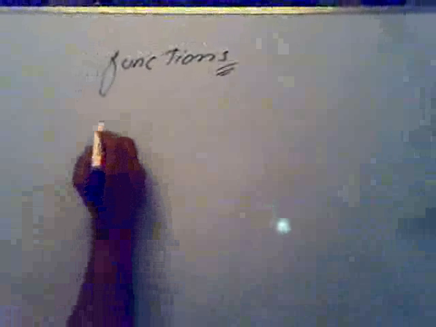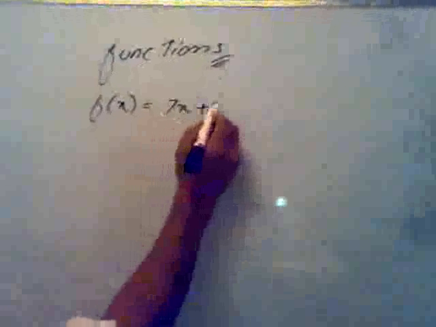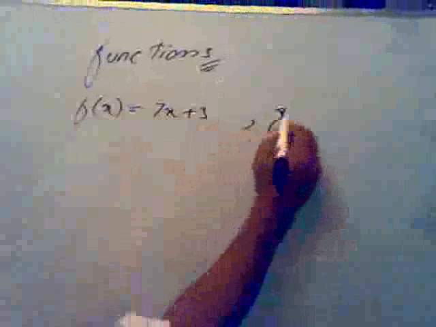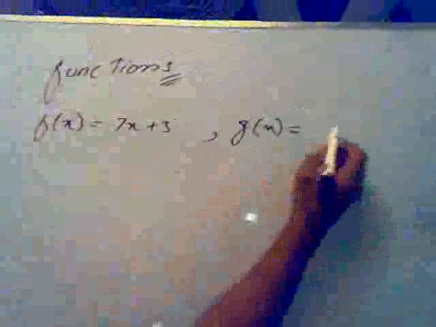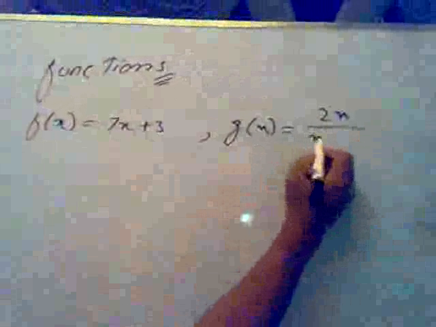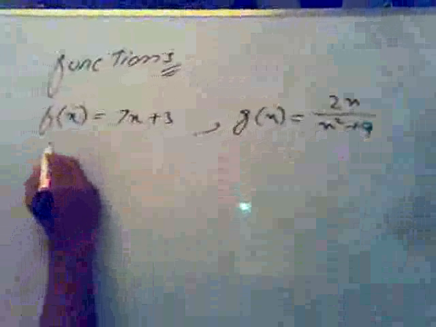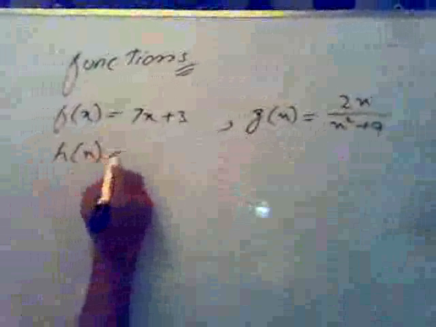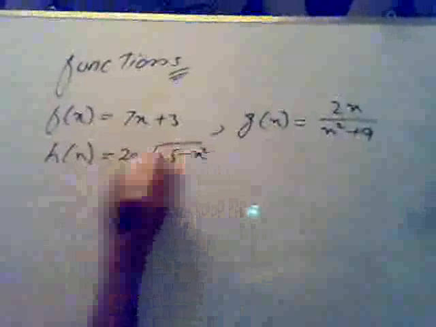Now I'm taking a few other examples to explain those concepts further. Suppose I have a different function f of x equals 7x plus 3, another function g of x equals 2x over x squared plus 9, and another function h of x, whose value is 20 times the square root of 25 minus x squared.